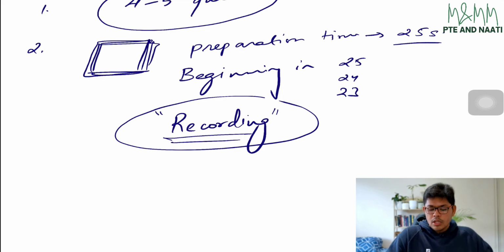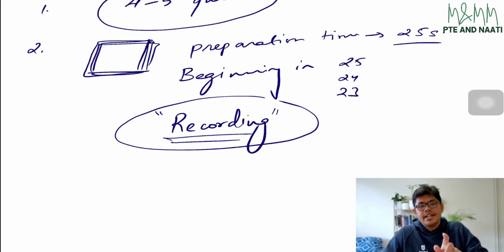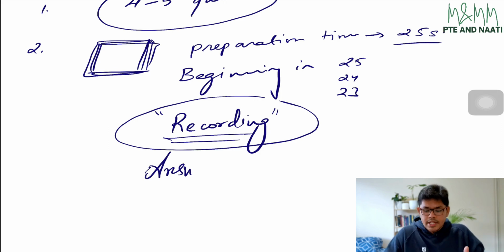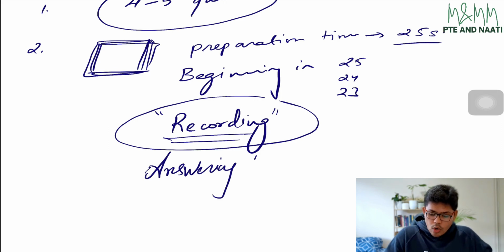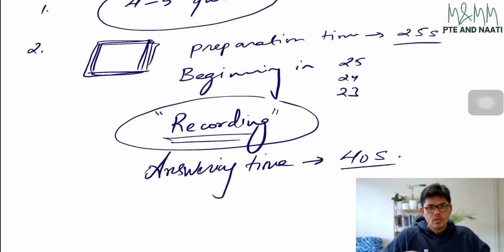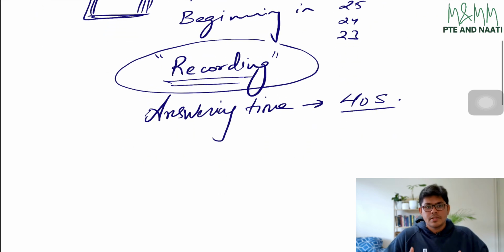Similarly here, the word recording acts as a green signal, because the moment you see the word recording on your computer screen, you immediately start answering. That time is called answering time, because whatever you speak will get recorded and the microphone is on. How much answering time do you get? 40 seconds. You will get 40 seconds in the exam to answer.